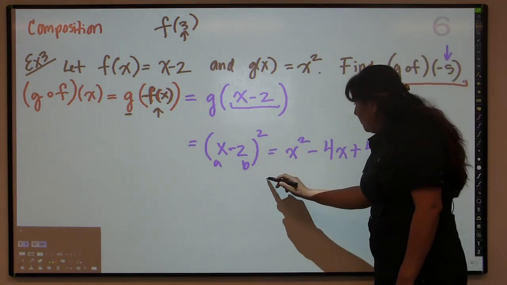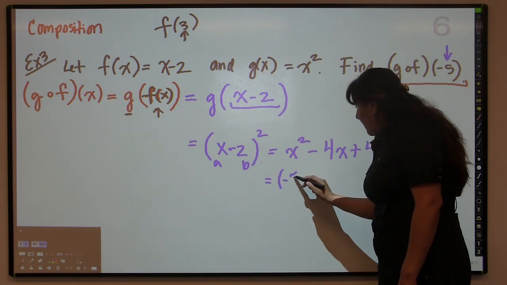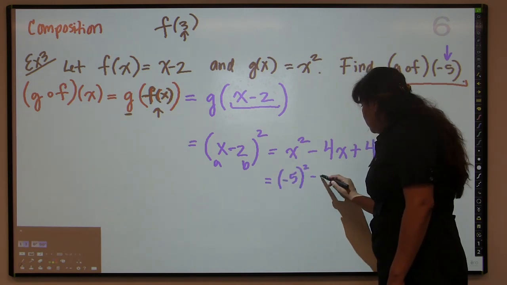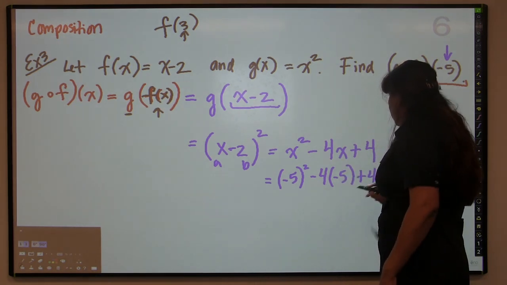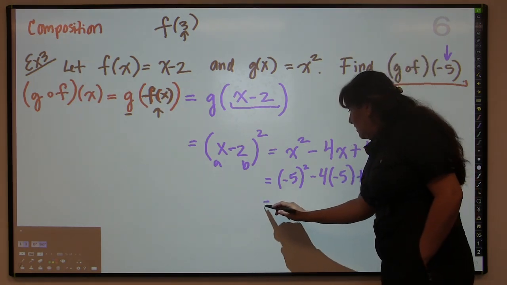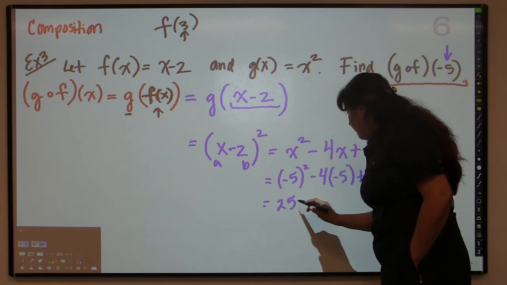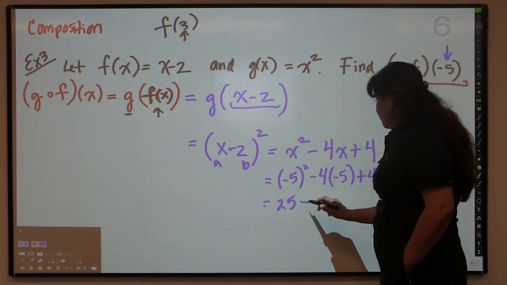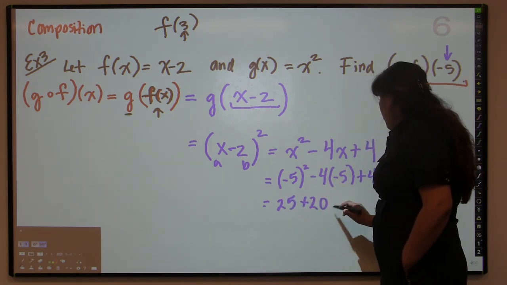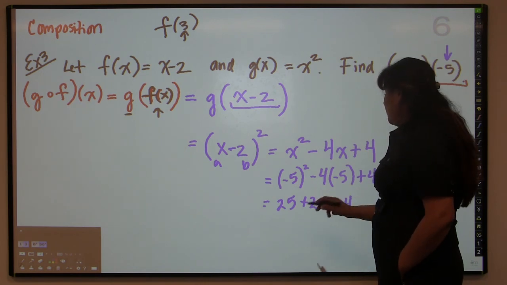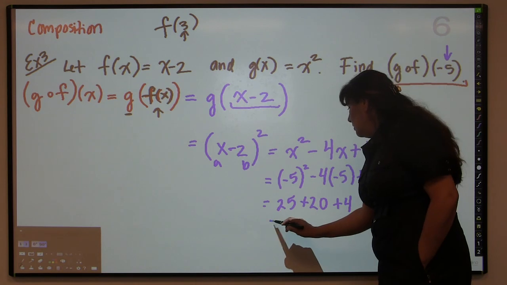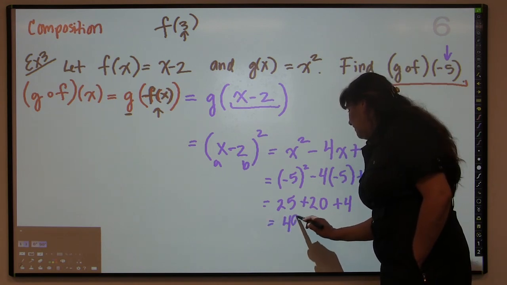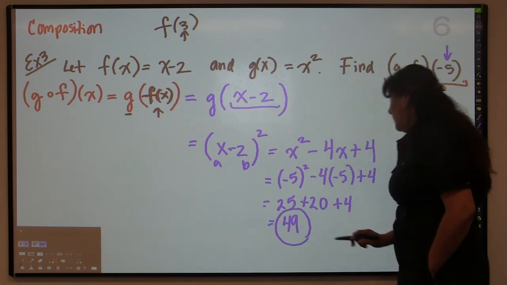I'm going to put a negative 5 in the place of x and simplify. So this is going to be negative 5 squared is 25. Negative 4 times negative 5 is positive 20. And then plus 4. So 25 plus 20 is 45, and 45 plus 4 is 49. So at the end of the day, my answer is 49.